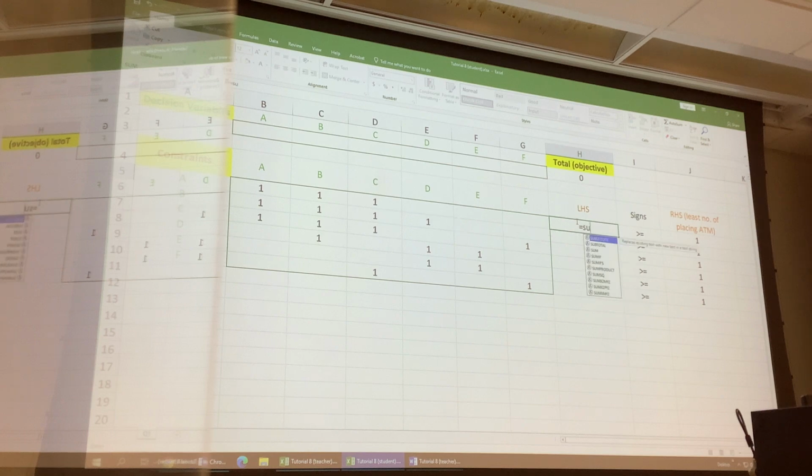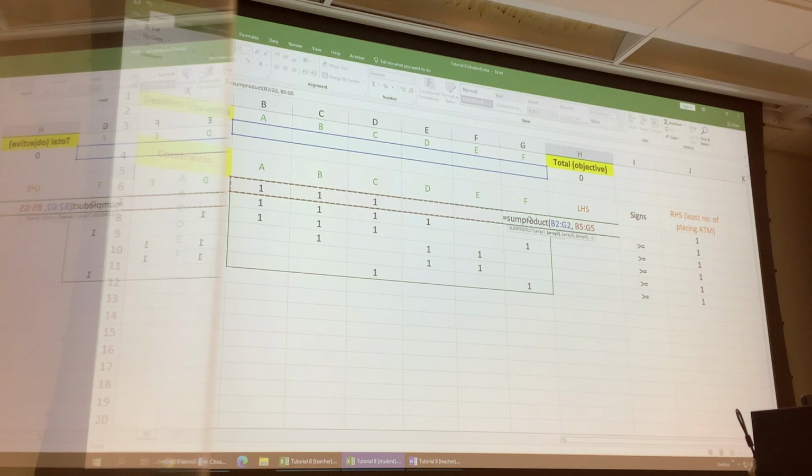Left hand side, we have to use sum product. Okay, sum product of the decision variables and the constraint, the numbers of the variables here. And then we have to add the dollar sign here in order to make it constant.